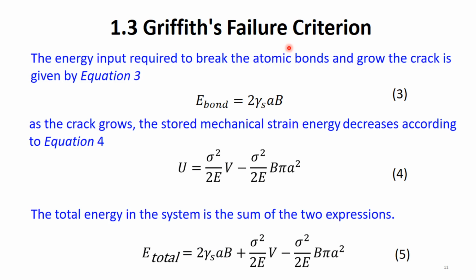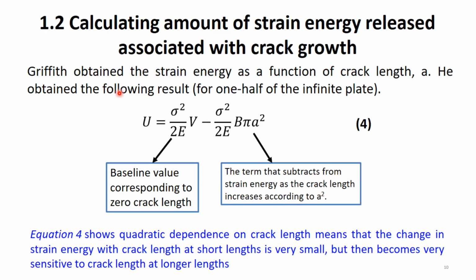Griffith's failure criterion. In this slide, equations 3 and 4 have been shown, which were already derived in previous slides. The energy input required to break the atomic bonds and grow the crack is given by equation 3.